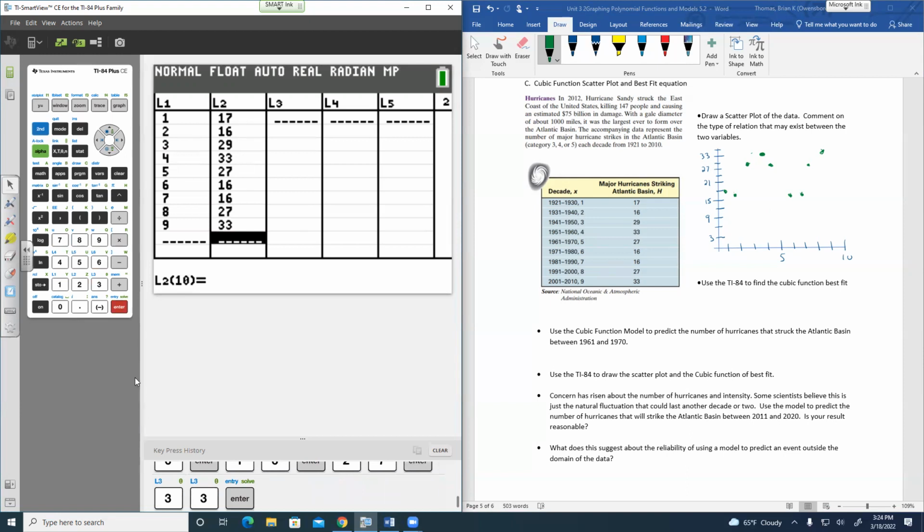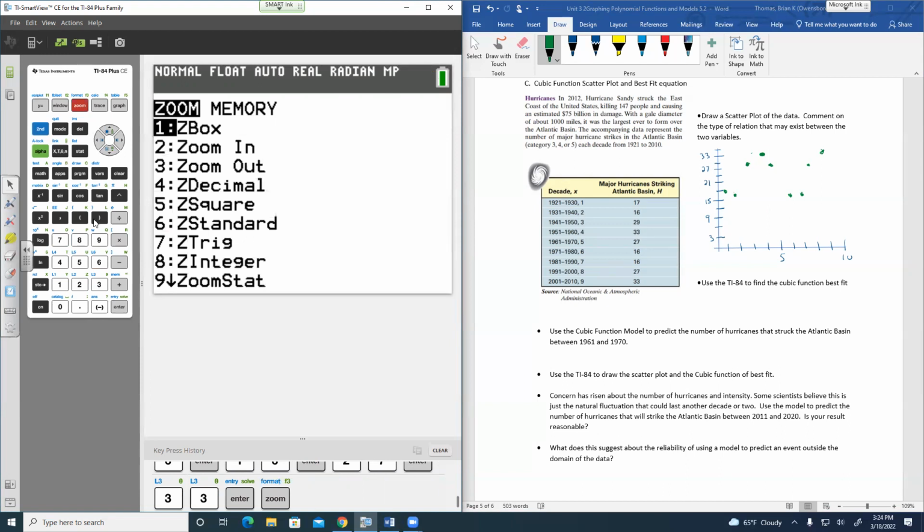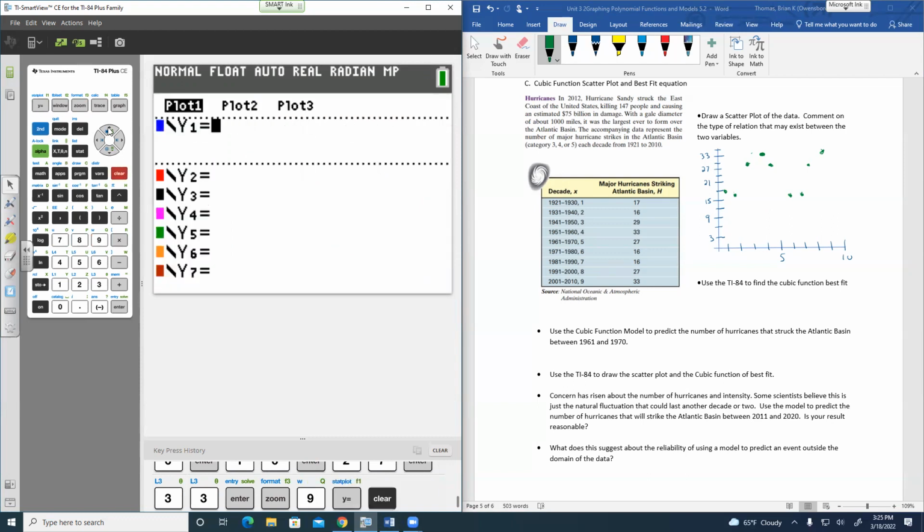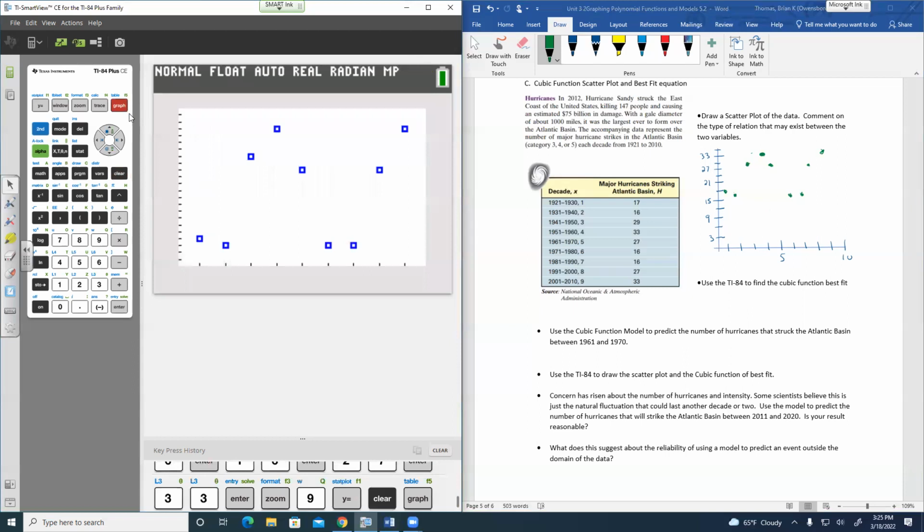Okay. So in order to do a stat plot, we hit zoom, and number 9 will do the shortcut to fit the data there. Notice I have a graph already on there, so I go to Y equals and clear that graph off and go back to the graph. Notice that their scale is different than mine.